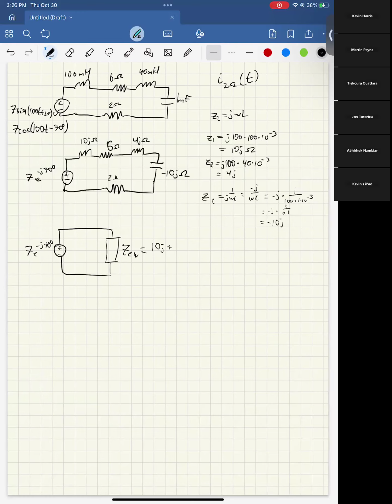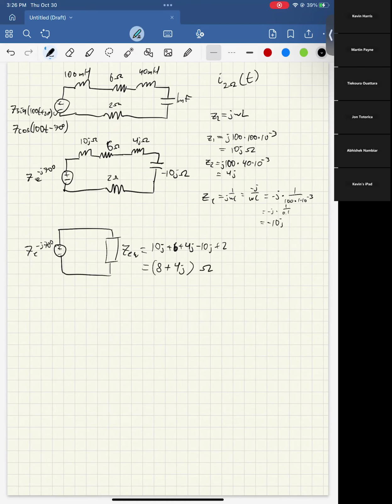So we have 10J plus 6 plus 4J minus 10J plus 2. I'll do the real part first. So 8, and then the 10J and minus 10J cancel, and we're left with 4J. Right? We all see that? Cool. And technically, this has a unit of ohms.